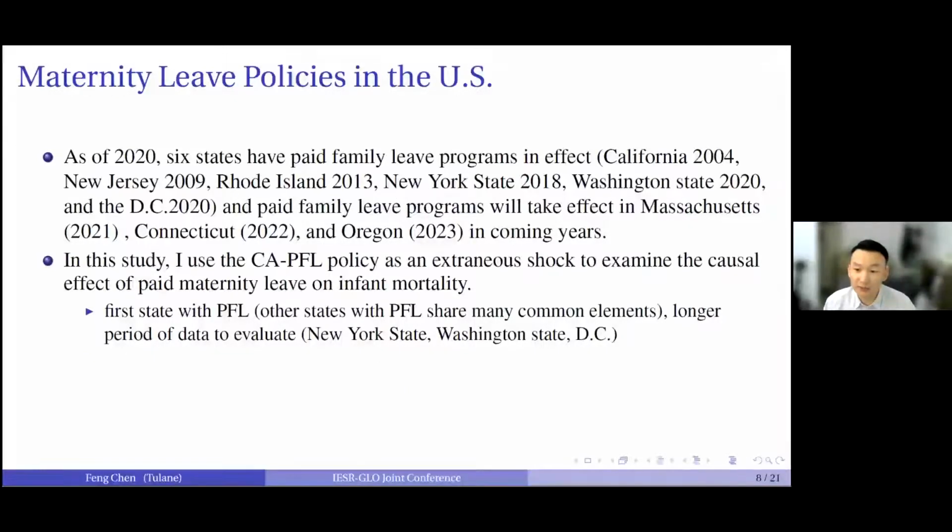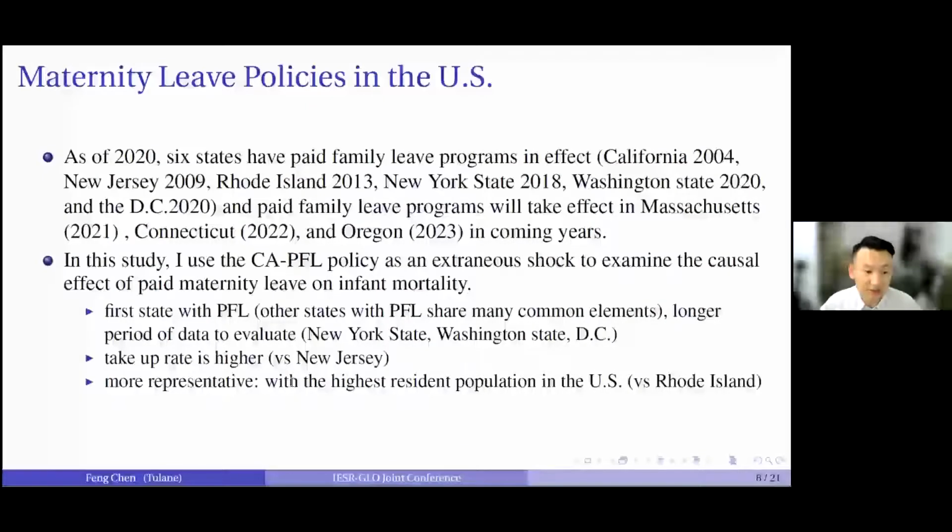Also, for New York State, Washington State, and the District of Columbia, there isn't enough data to empirically test it. And the take-up rate in California is high; it's about 50%. However, for New Jersey, the take-up rate is relatively low, about 30%.